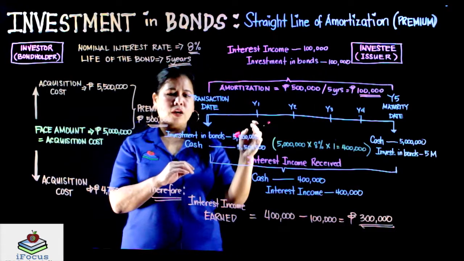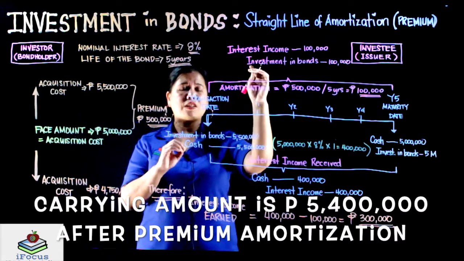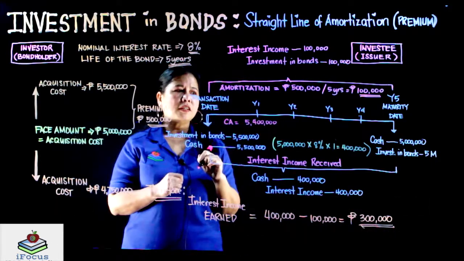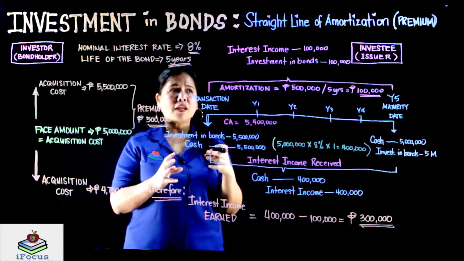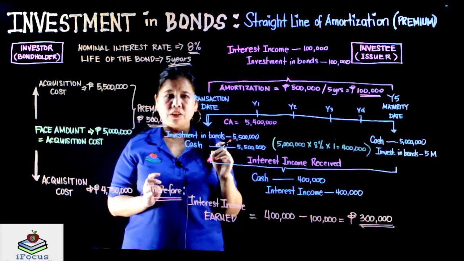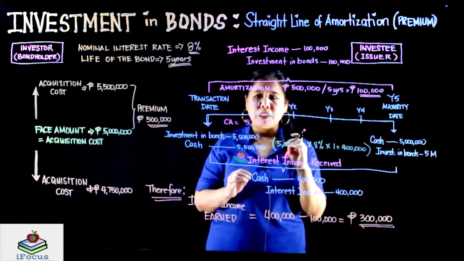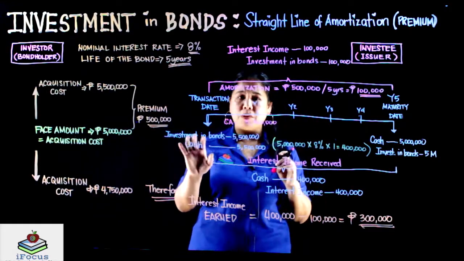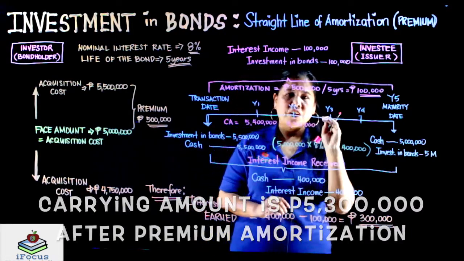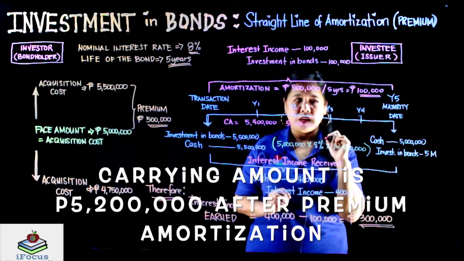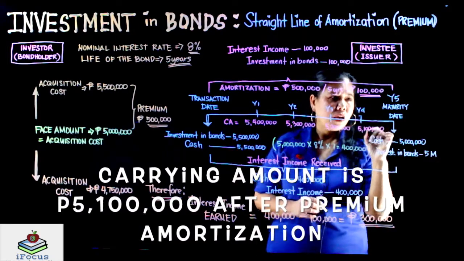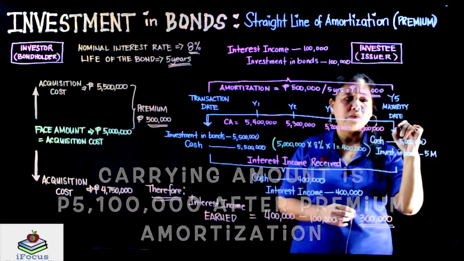At the end of year 1, the carrying amount of your investment is 5,400,000. Then in year 2, you amortize again 100,000, and you credit the investment in bonds again for 100,000. At the end of year 2, the carrying amount of your investment in bonds will be 5,300,000. The same in year 3, it will be 5,200,000. In year 4, it will be 5,100,000. And in year 5, on the maturity date, it will be just 5 million.